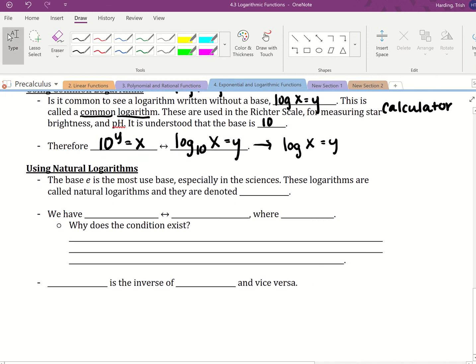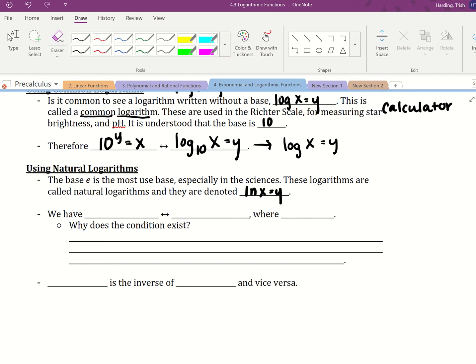So the base e is the most used base, especially in the sciences, which is why we cover it. These are called natural logarithms, and you will see them as ln x equals y. So ln is how you would see this.